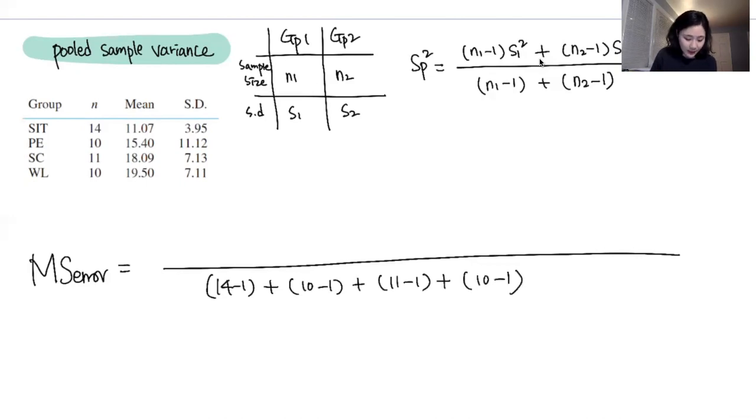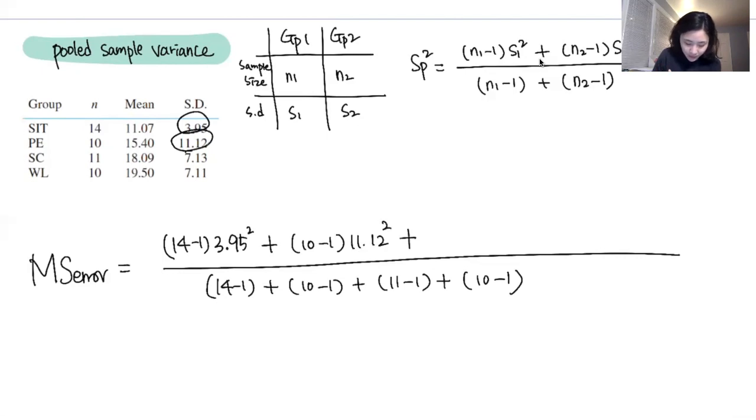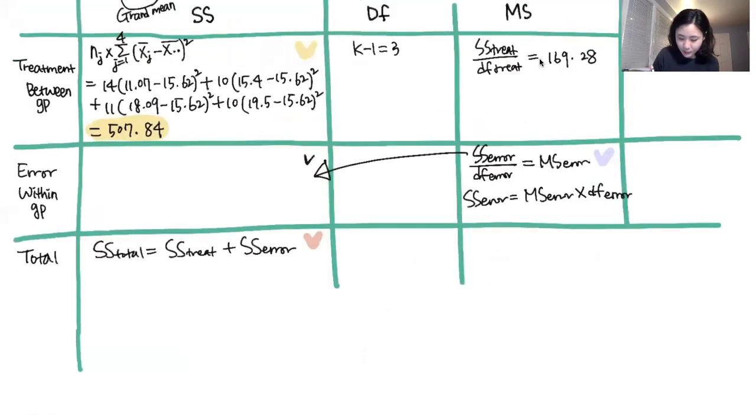My numerator is (14 minus 1) times the variance, so 3.95 squared, plus (10 minus 1) times 11.12 squared, plus the third group, (11 minus 1) times 7.13 squared, plus the fourth group, (10 minus 1) times 7.11 squared. If you calculate it, this is 55.59. So the mean square error is 55.59.